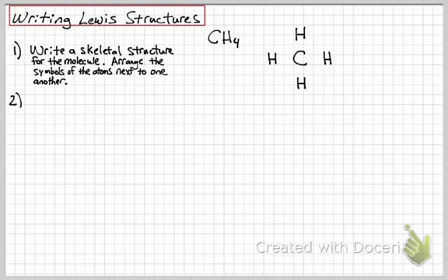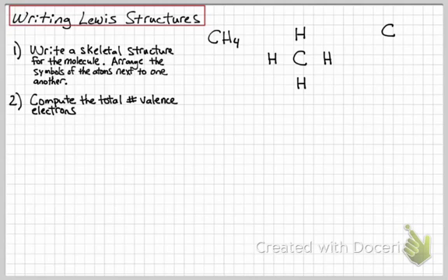Then what you're going to do is you're going to count valence electrons, and then you'll compute the total number of valence electrons for the whole molecule. And the valence electrons are counted by looking at the number of valence electrons for each atom that is in the molecule.